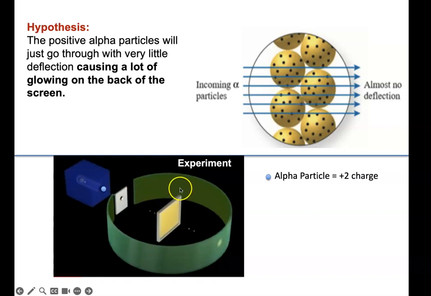It was coated with a fluorescent paint so that any charged particles landing on it will produce a shine, as shown here. So here's an image of a particle going through.